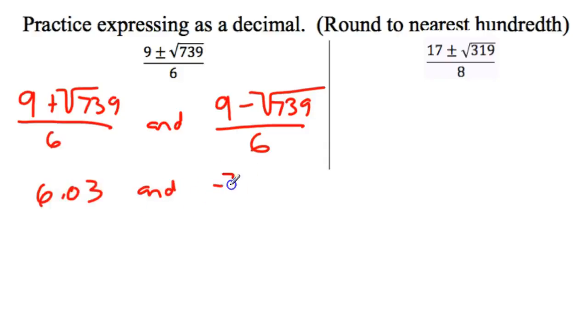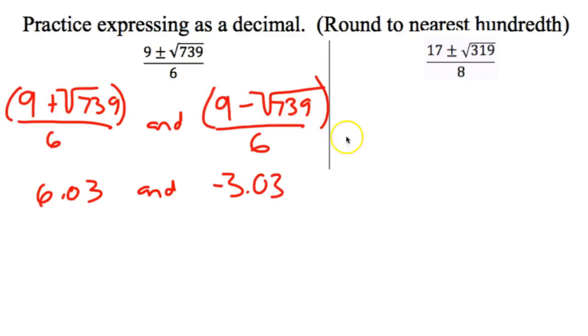It's really important that you do the whole top, the numerator, you hit enter, and then you divide by the denominator. They're two separate things. Really, these are in parentheses, so you have to keep them separate to get the correct answer.